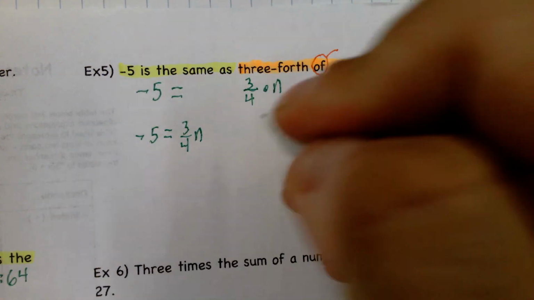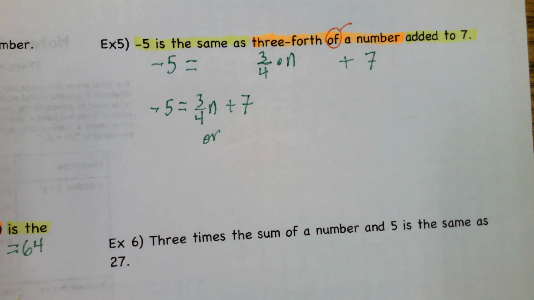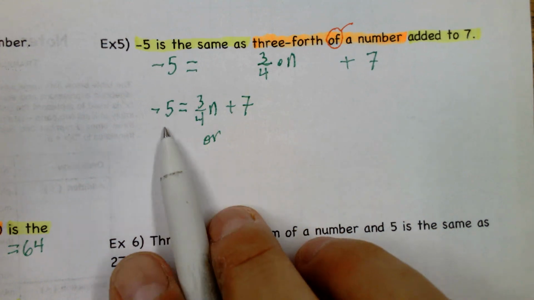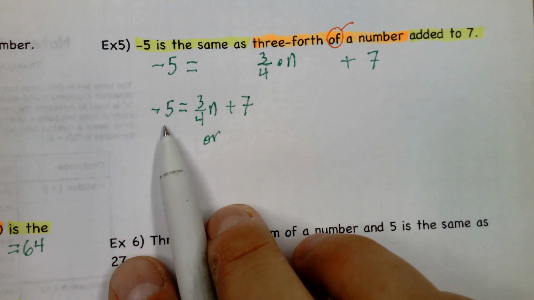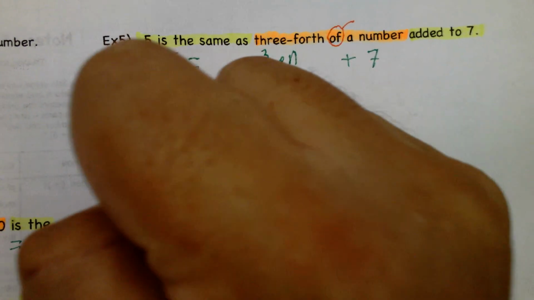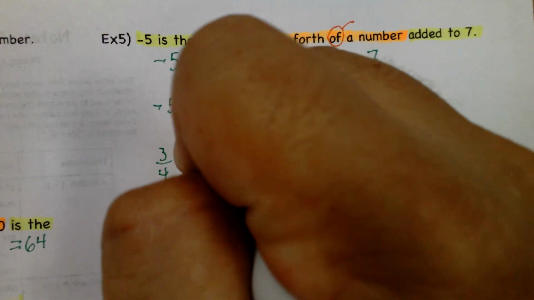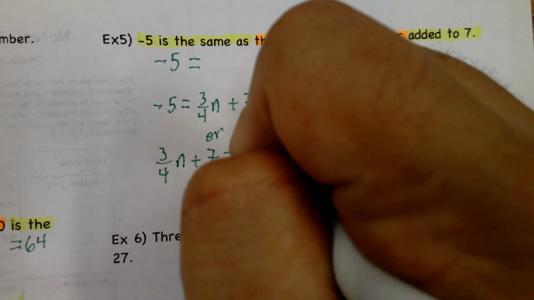It's pretty much there, right? -5 equals 3/4 times n, with just no dot in between, plus 7, or another way to write this, I don't know about you, but I'm more comfortable with whatever it equals on the other side, on the right-hand side. So I'm going to write it that way. 3/4 times n plus 7 equals -5.